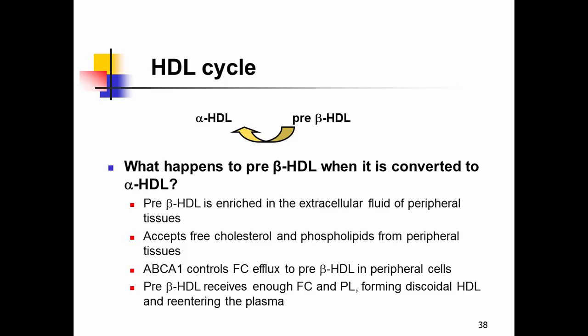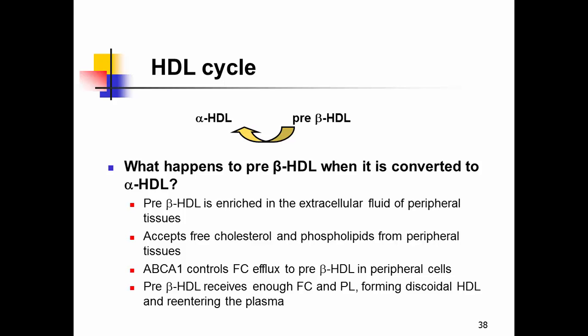So pre-beta HDL is enriched in the extracellular fluid. Yeah, we already talked about this, right? And it accepts or receives the free cholesterol and phospholipids from peripheral cells, right? And in this process, ABCA1, which we just mentioned a couple of slides earlier, is the transporter, right? The free cholesterol transporter.